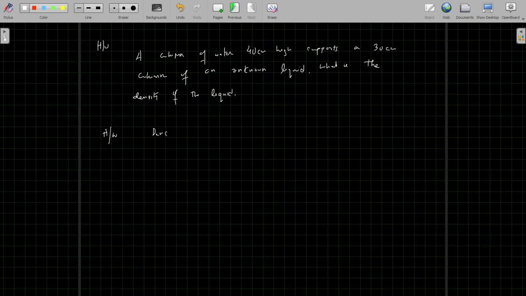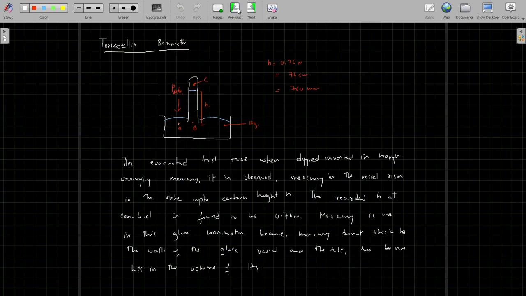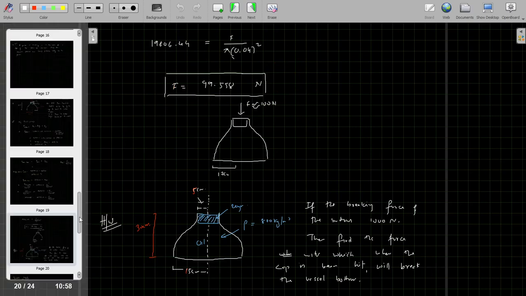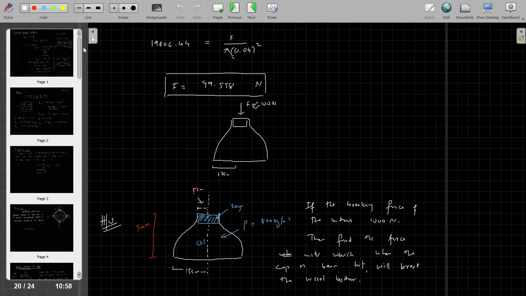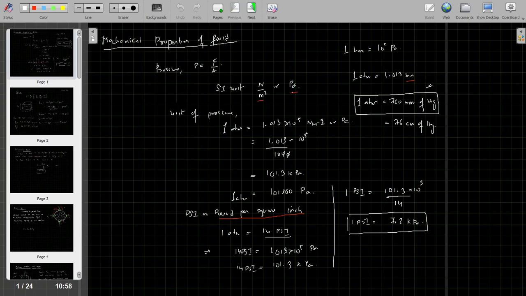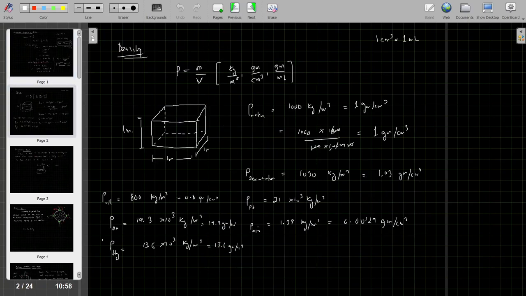Density of blood, I forgot to give you this earlier, raw blood is 1.04 gram per centimeter cube. Let me write it in the beginning. Somewhere I gave you the density chart here, I'll include it here as well.